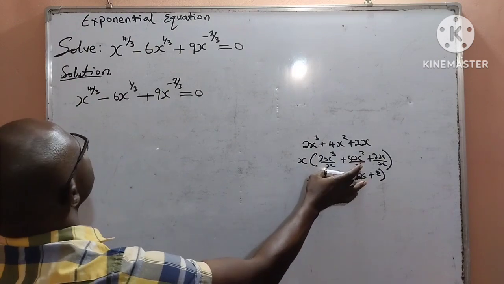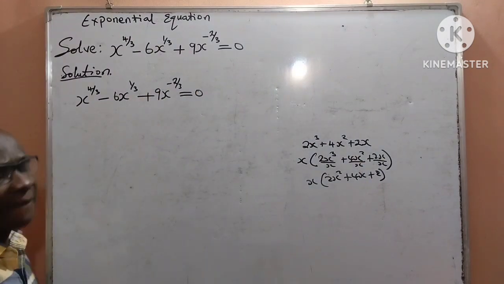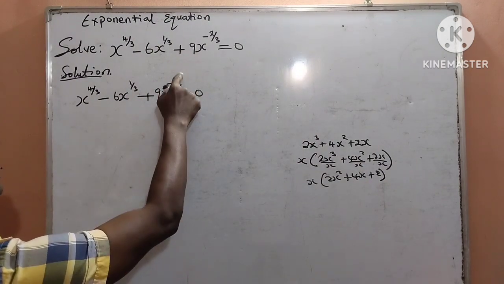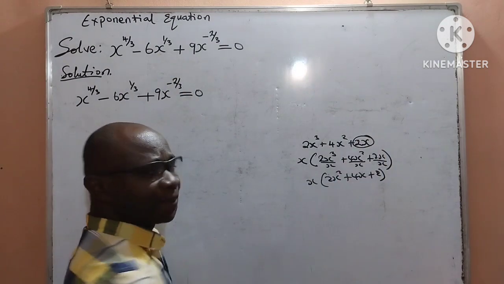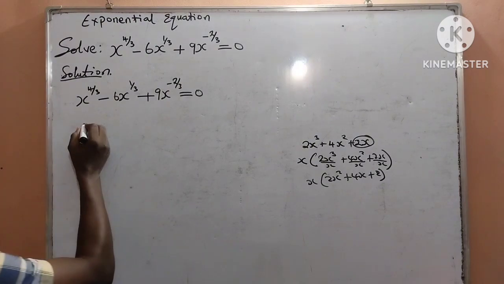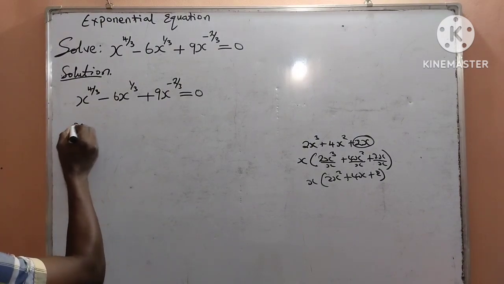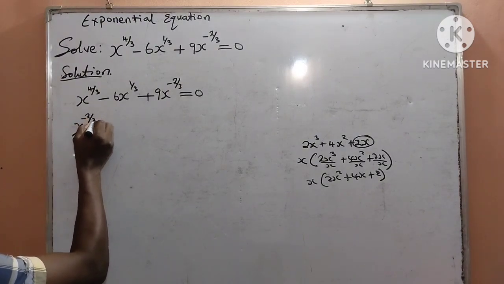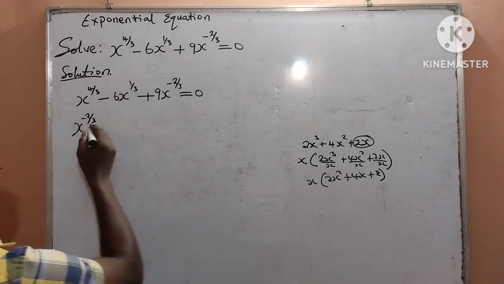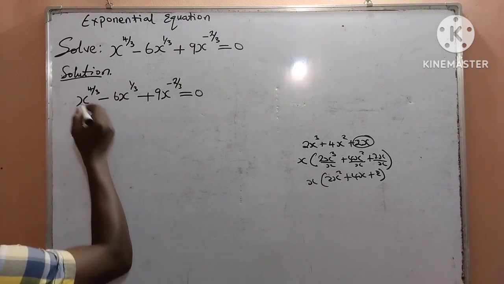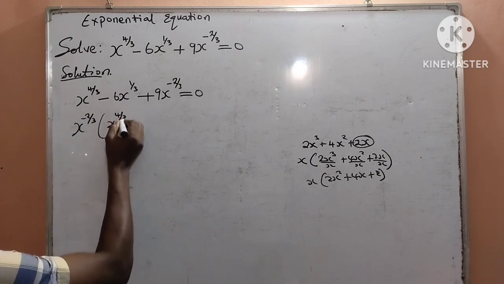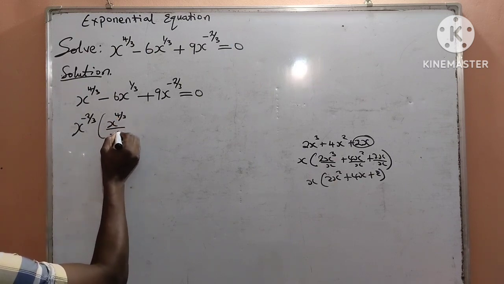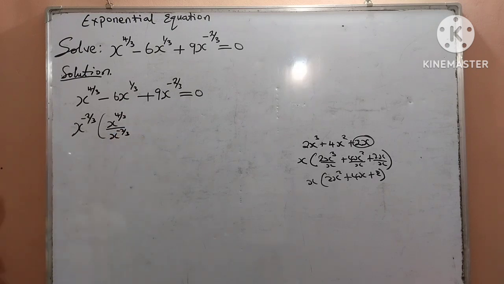So by this knowledge, we are going to apply the same thing here. The lowest power is what is going to be factored out, just as we did here. Therefore, I will now have x raised to power minus 2 over 3 as the lowest power factored out, having inside x raised to power 4 over 3 divided by x raised to power minus 2 over 3.